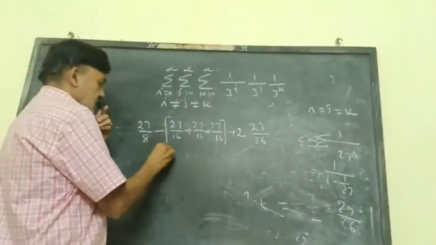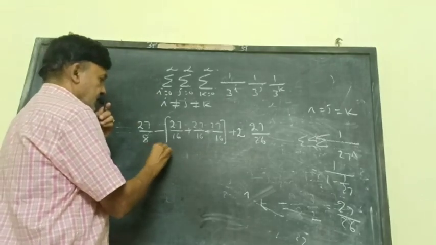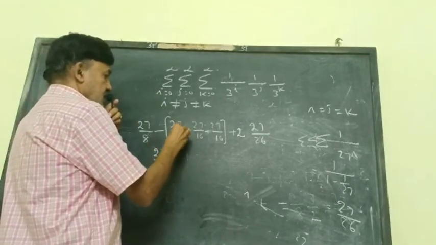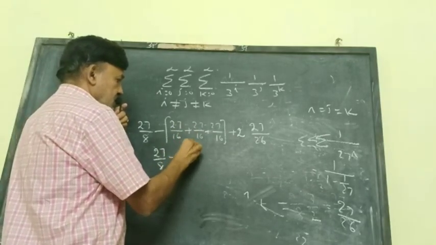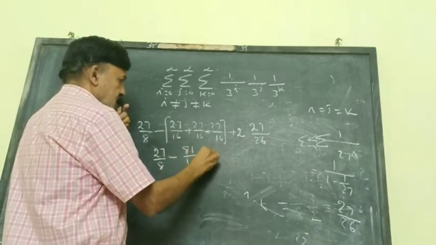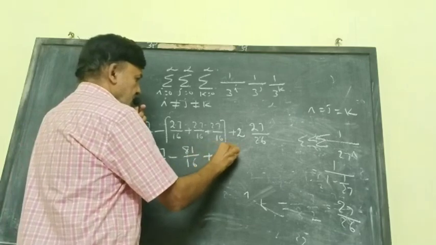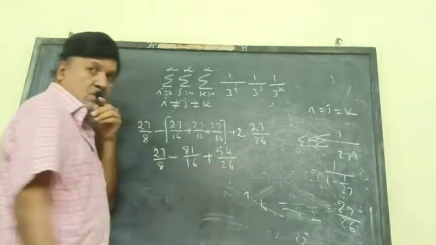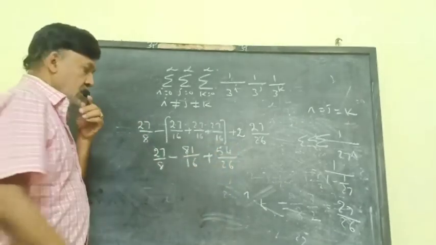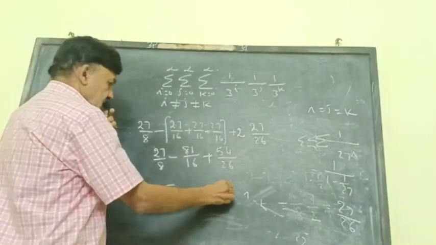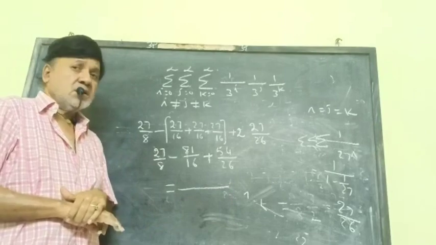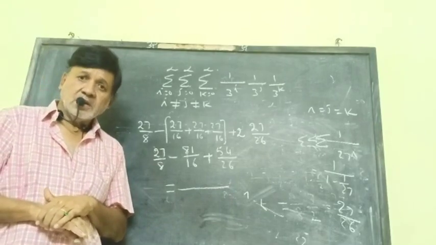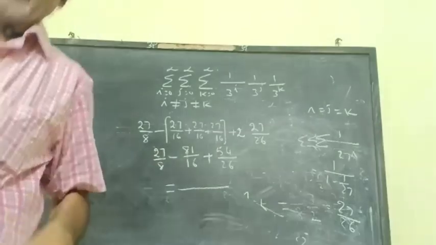So this is 27 by 8 minus 3 into 27 by 16, which is 81 by 16, plus 54 by 26. You can further simplify this and you will be through to your answer. This is one of the important questions. Okay.